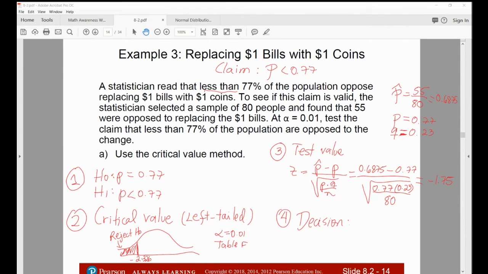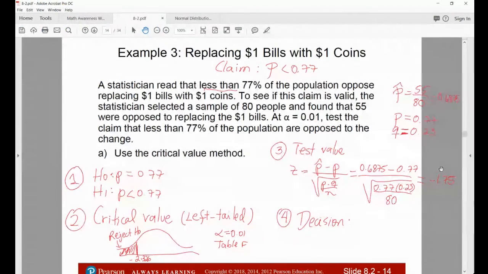The decision is that we fail to reject the null hypothesis because the test value falls in the non-rejection region. Negative 1.75 is here on the right side of negative 2.326.